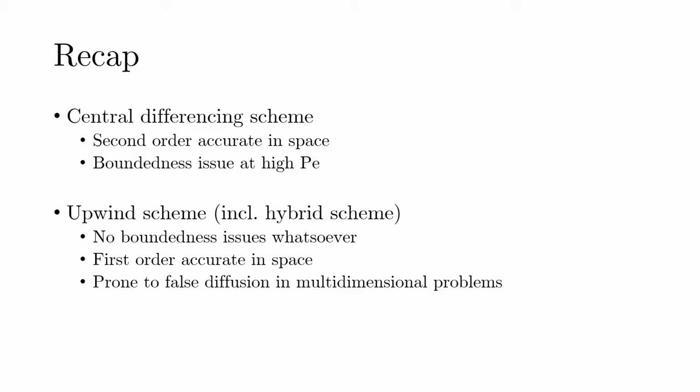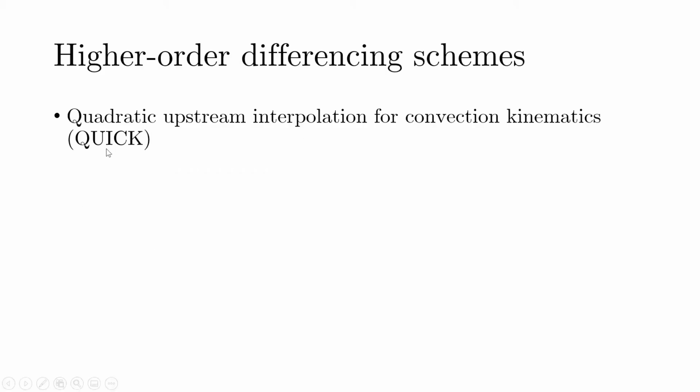So let me talk very briefly about some higher order accurate schemes which are very commonly used in the CFD world. So the first of them is the QUICK scheme, which stands for Quadratic Upstream Interpolation for Convective Kinematics. So from the name you can notice a couple of things, that the word quadratic is used. So you can expect that we would be dealing with some quadratic system, be it a polynomial, whenever we talk about the QUICK scheme.